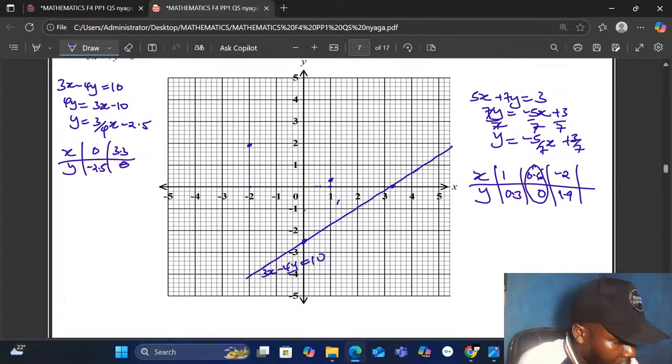So we join the two. Well, that is what we are having.